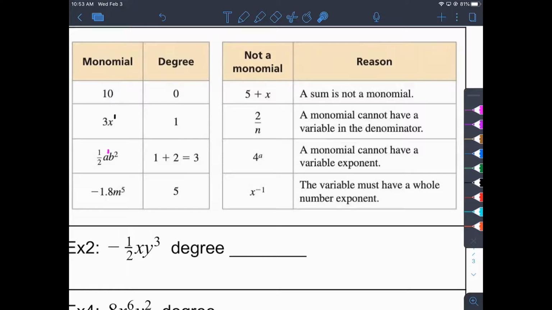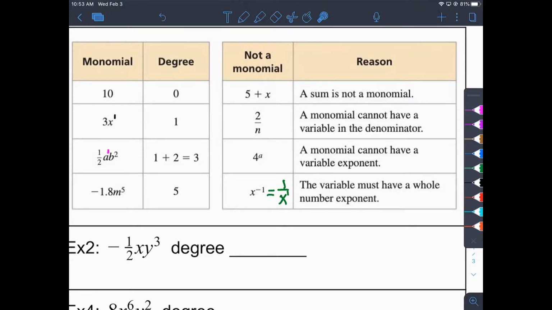Next one, 4 to the power of a. Here's another thing that is not a monomial because a monomial cannot have a variable exponent. So your exponent cannot be a variable. And last but not least, we have a variable raised to a negative power, in this case, a variable raised to the -1. And in previous lessons, we knew that this means 1 over x to the first power.